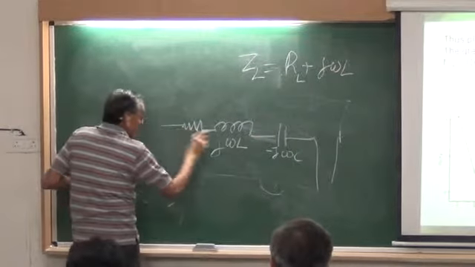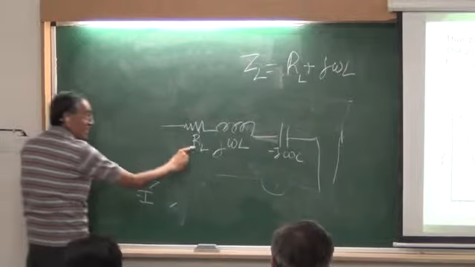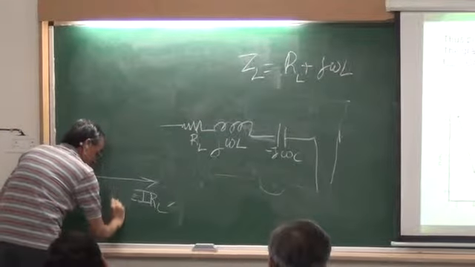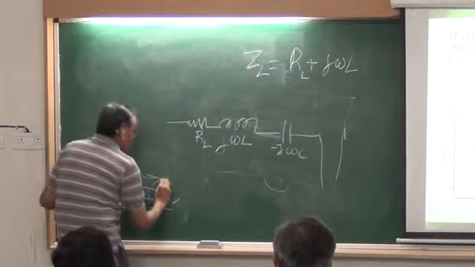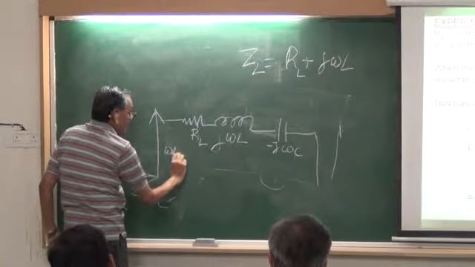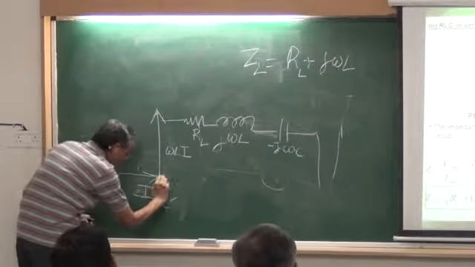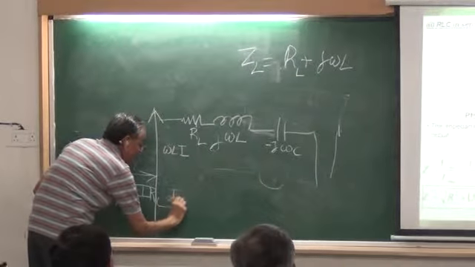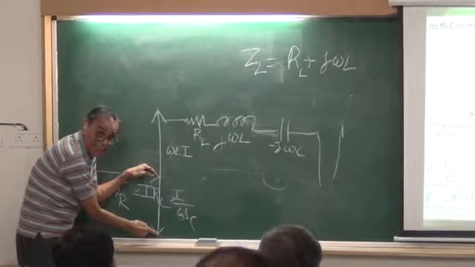If you take the current along the x-axis, then the voltage across the resistor will be I R L, in phase with the current. The voltage across the inductance will be omega L into I, 90 degrees leading. Voltage across the capacitor will be I by omega C, 90 degrees lagging.